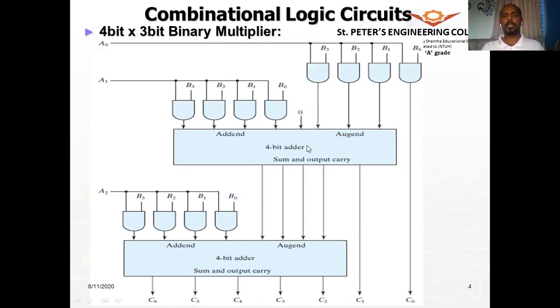I am using adders for adding all the products, and the products are implemented using the AND gates because it's a bit by bit operation. So this is the understanding of this circuit, that is a 3 by 4 or 4 by 3 bit multiplier. You have to realize how many AND gates you require so that you know what the circuit complexity involved is.